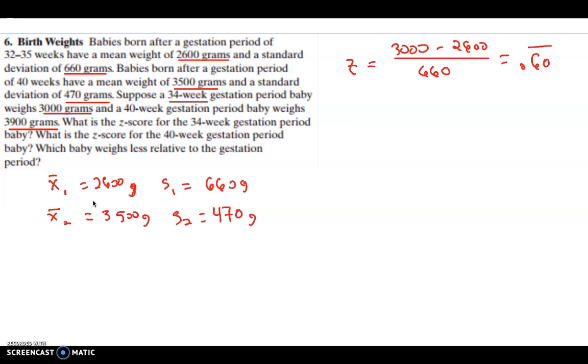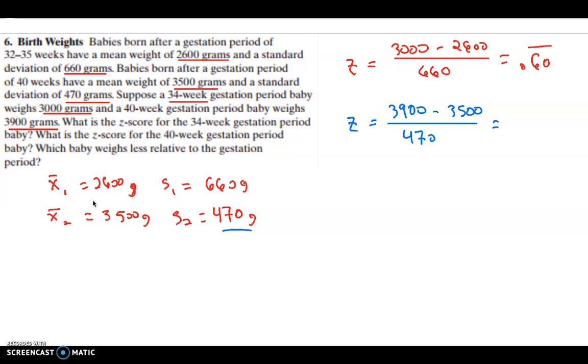Now, for the baby that was 40 weeks, the weight was 3,900 grams, and I subtract the mean of 3,500 for that group and divide by the standard deviation of 470. Notice, each of these is exactly 400 grams above the mean, but the standard deviation for the second group is smaller at 470.